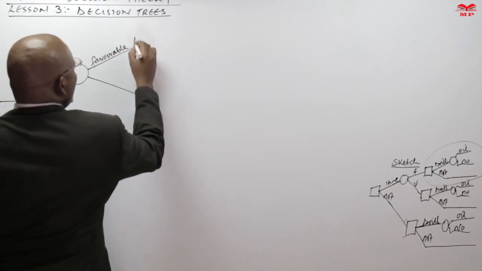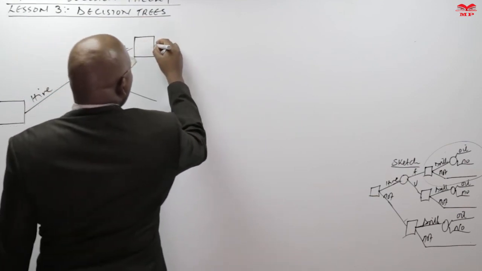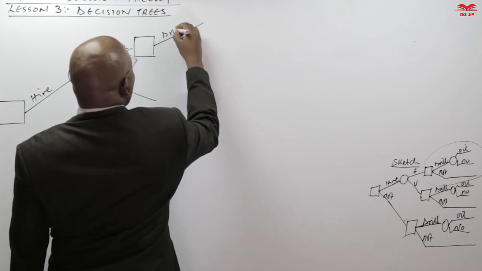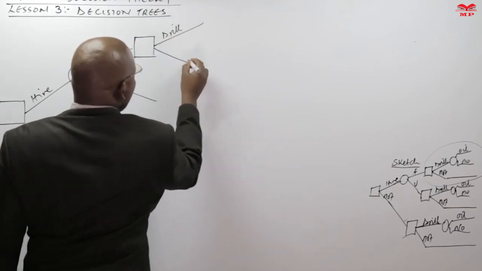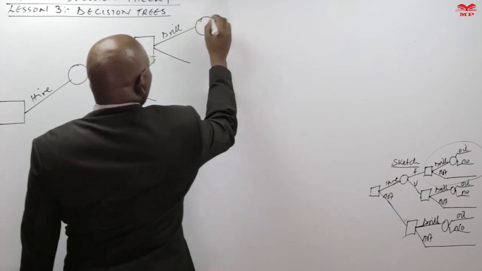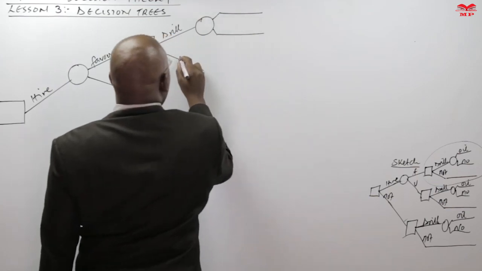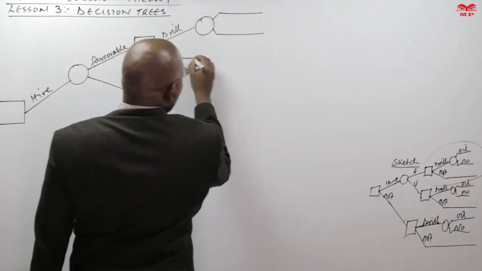So when you have favorable, you make a decision to either drill or not. If you are to drill, you will get oil or no oil. If you don't drill, then of course don't expect any.